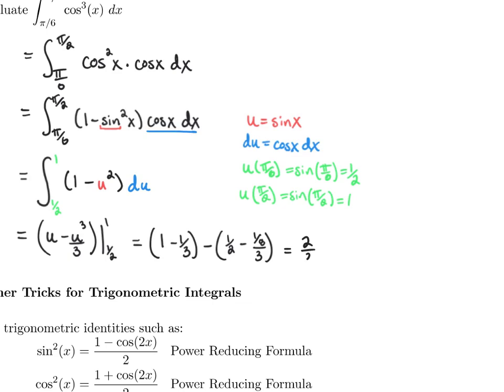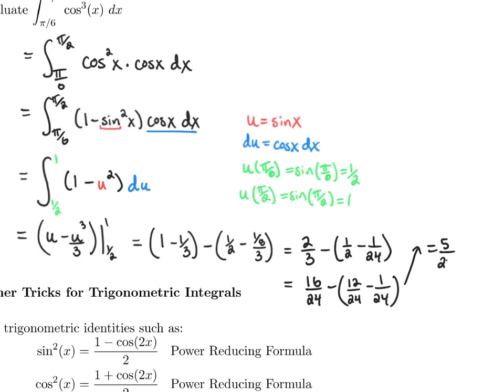So the first one is 2/3 minus a half minus a 24th. I'm going to build everything up to 24ths. So 16 24ths minus 12 24ths minus 1 24th. That should say 24 there. So putting it all together and subtracting, we should get 5 24ths.